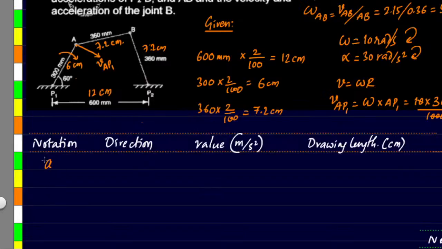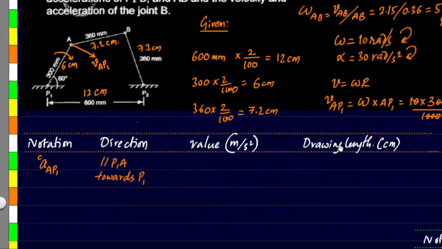To write the centripetal acceleration of A with respect to fixed point Q, the direction of centripetal will be parallel to P1A, and it will be towards P1.